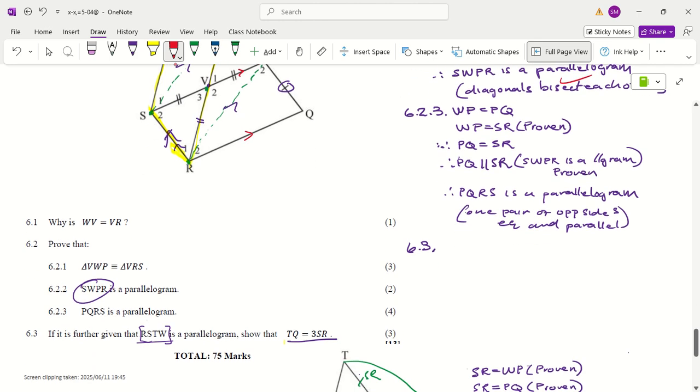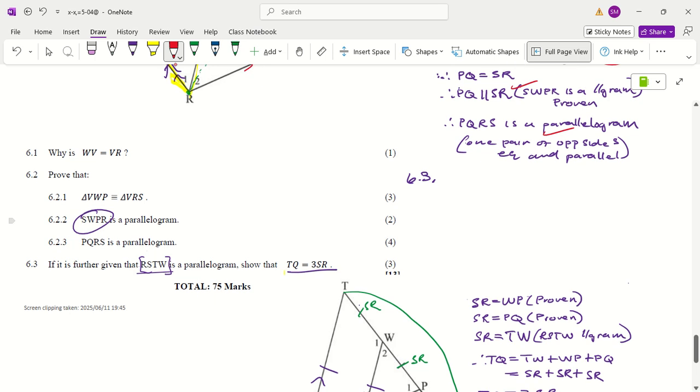Then for 6.2.3, this was a total of 4 marks, so you get a mark for WP is equal to PQ, and another mark for WP is equal to SR, and then a mark for proving that SR is parallel to PQ, and then a mark for the conclusion, which is 4 marks here.